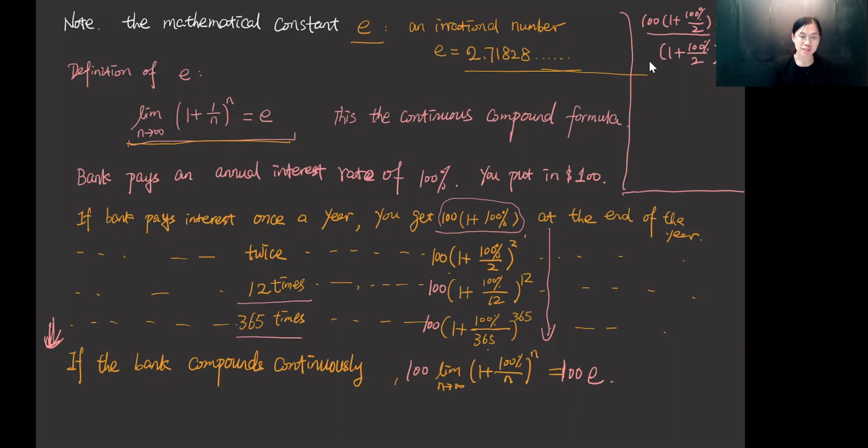So E is the multiplier you get when you save money in an account that pays an annual interest rate of 100%, and when the bank pays you interest continuously. So that is what E means.